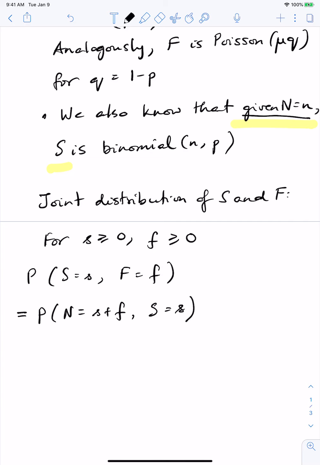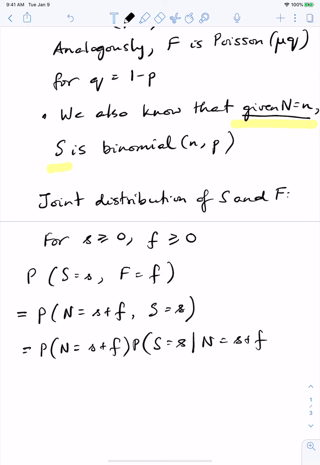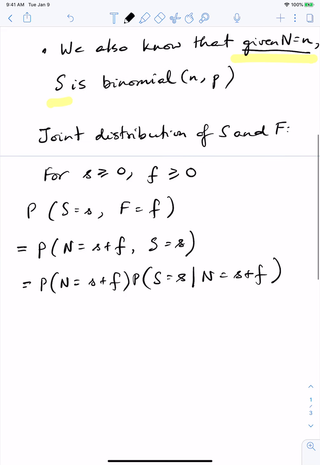And this is good because by our usual multiplication rule, we have the following. You know that N is Poisson, and you know that given the value of capital N, the number of successes is binomial. So we just plug those two things in.